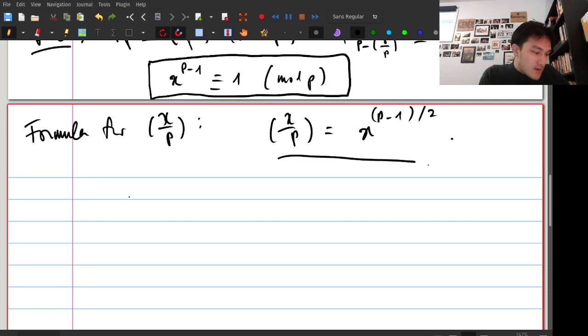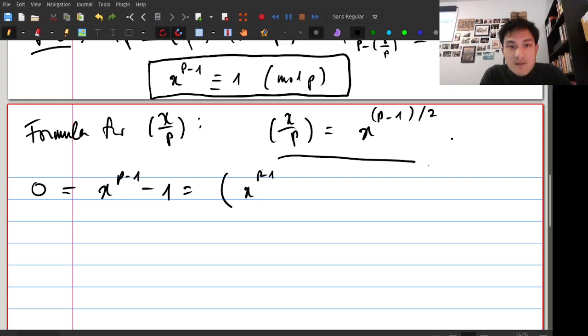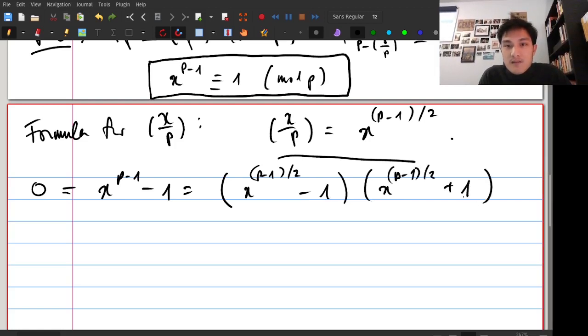We know that x^(p-1) minus 1 is equal to 0, that's what I just showed for any x. So this factorizes into (x^((p-1)/2) minus 1) times (x^((p-1)/2) plus 1).